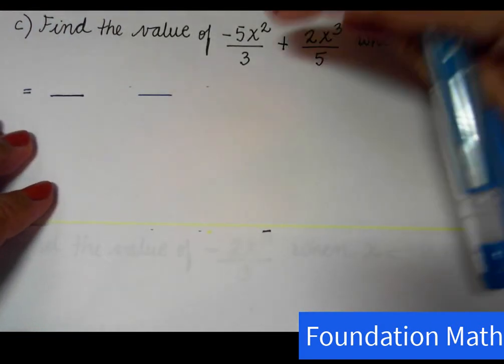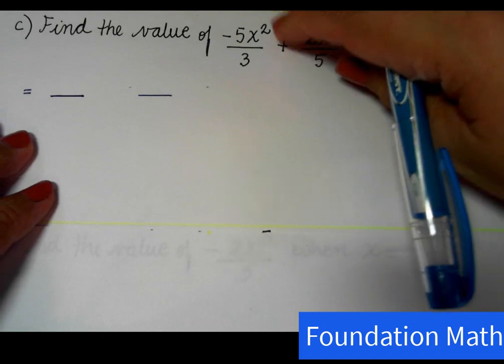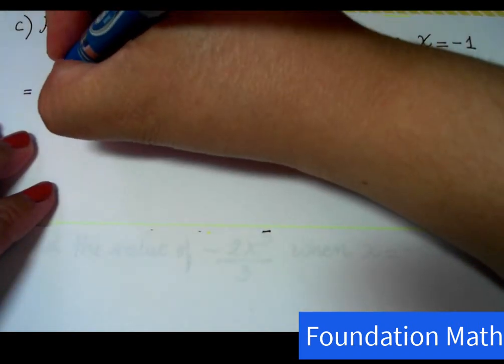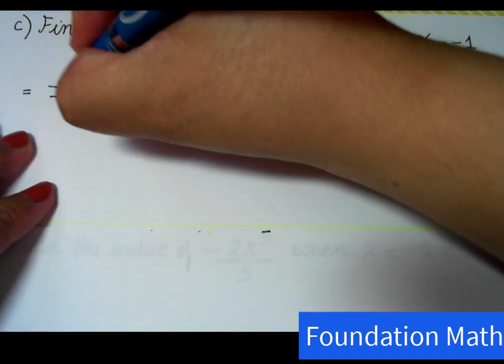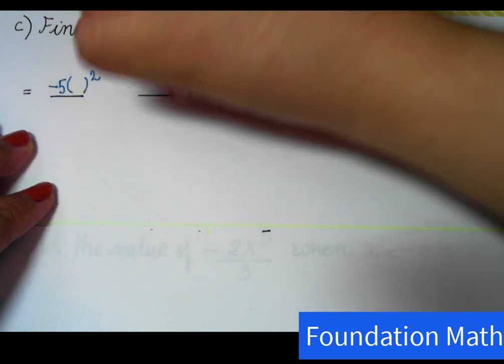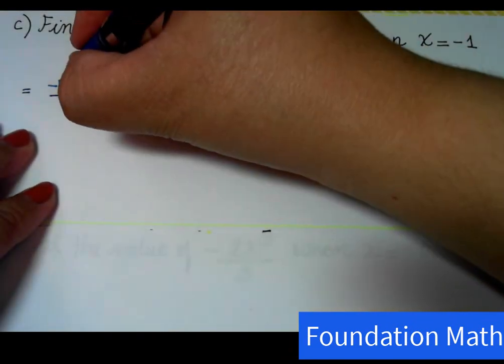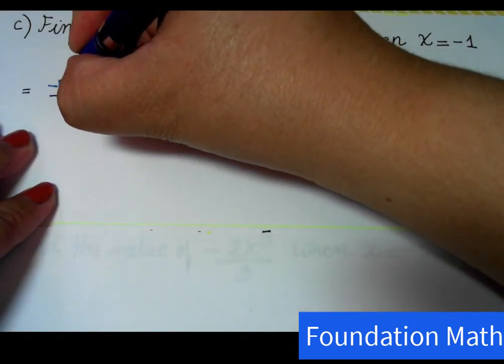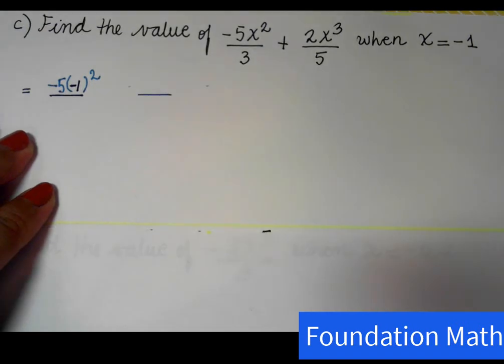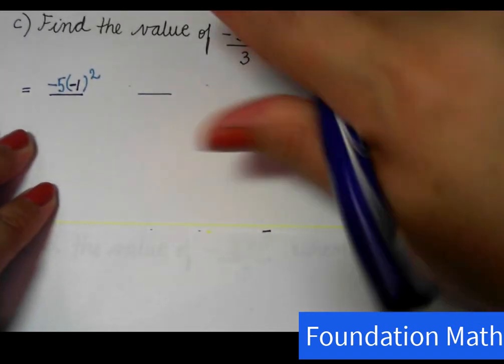So we have negative 5x squared. You're going to copy here negative 5x squared. But the value of x is negative 1. So you're going to write negative 1, over 3. It says over 3.